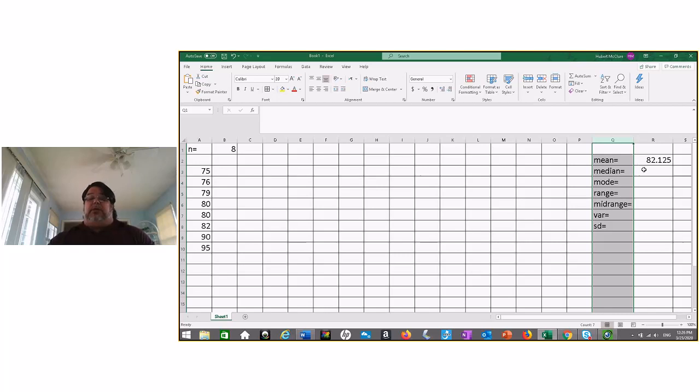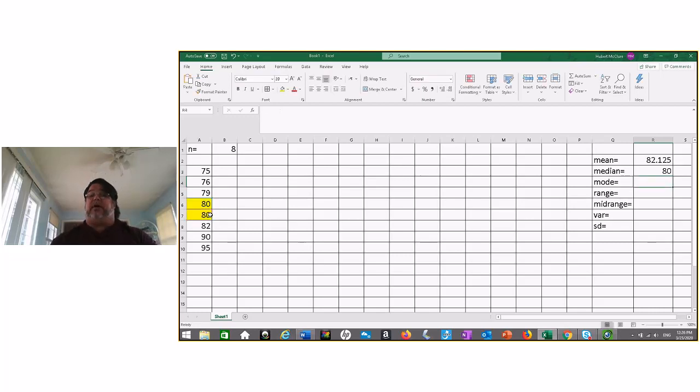All right, median. Median is the middle. Now, when n is an even number, 2, 4, 6, 8, 10, 12, 14, 16, you have to take the middle 2 numbers and take the average. Now in this case, they're the same, so I know that the average is 80. But I'm going to take the first plus the second, and I'm going to divide that by 2.